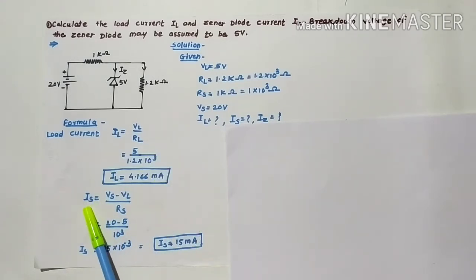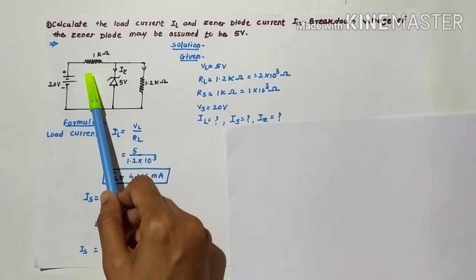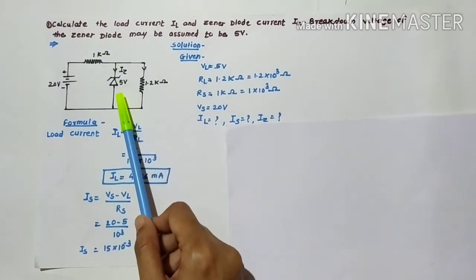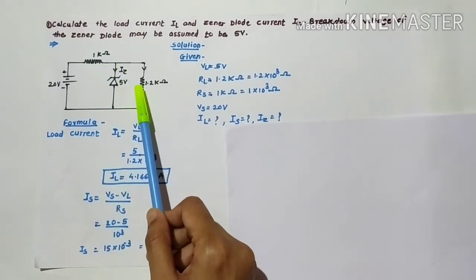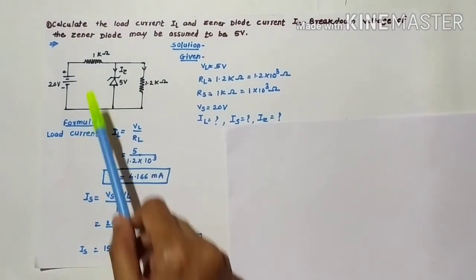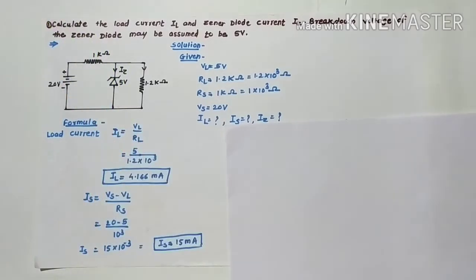Then IS is equal to VS minus VL, as I revised in the previous topic. It is the difference of the voltage across the series resistance and the load resistance, so VS minus VL upon the value of the series resistance.